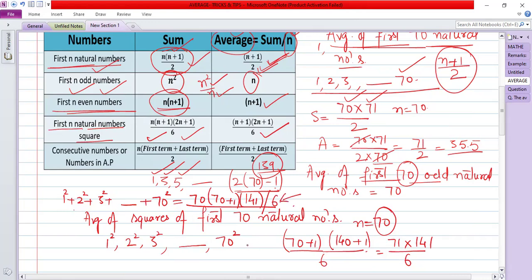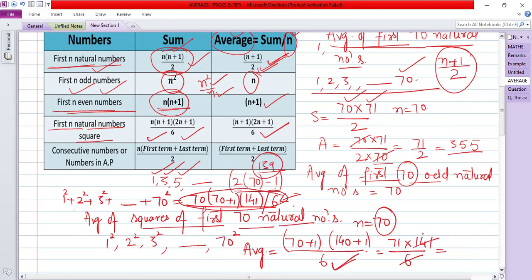And when we calculate the average of the squares of 70 natural numbers, then obviously we have to divide this sum by 70, so we will have only this number. So now 71 into 141 divided by 6, so we can further simplify.